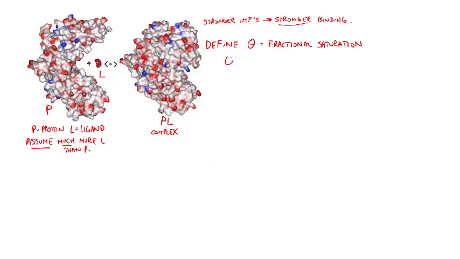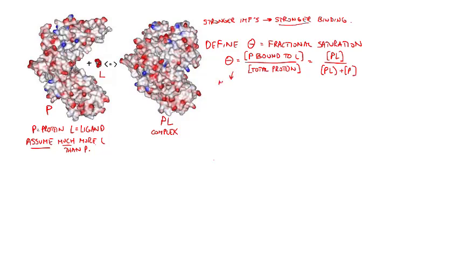Theta is equal to the concentration of protein that is bound to L over total protein, which if we have just one ligand binding per protein would be PL over PL plus P.